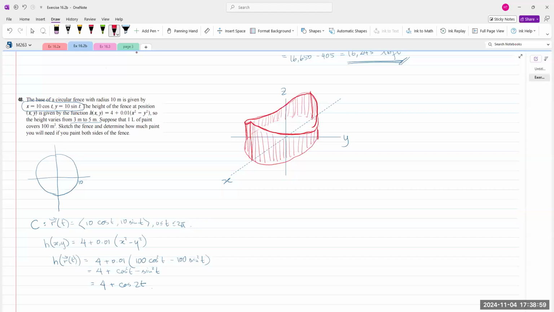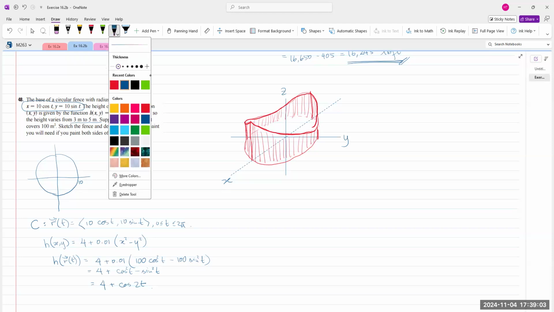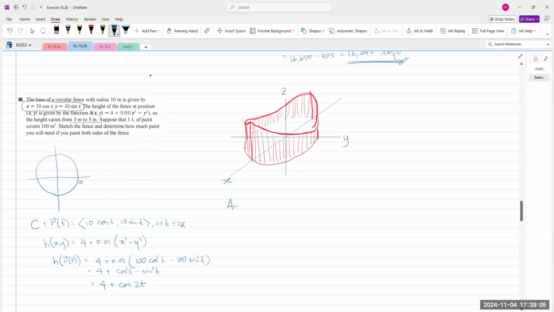Now how much paint is needed? We need to find the area first. So the area of the fence is equal to the integral over the path of the height ds.